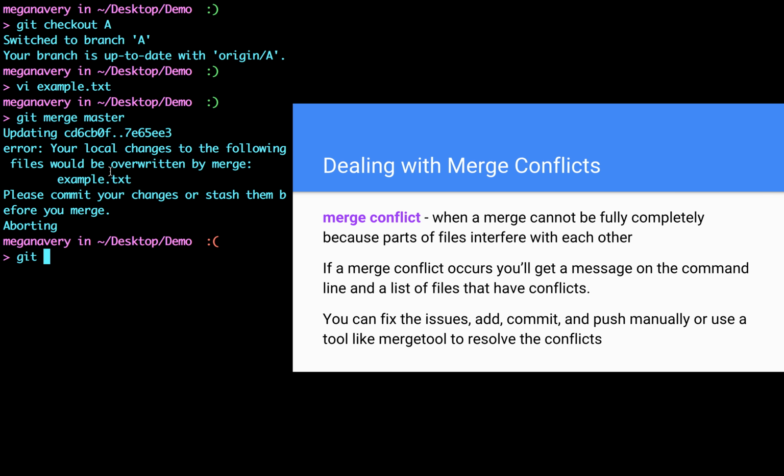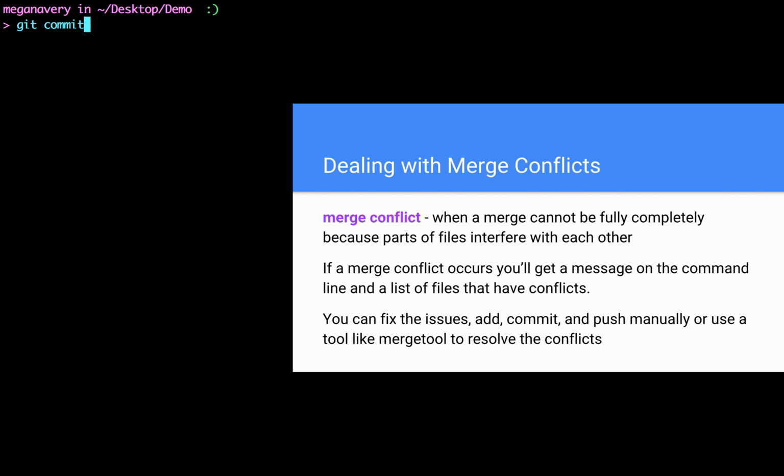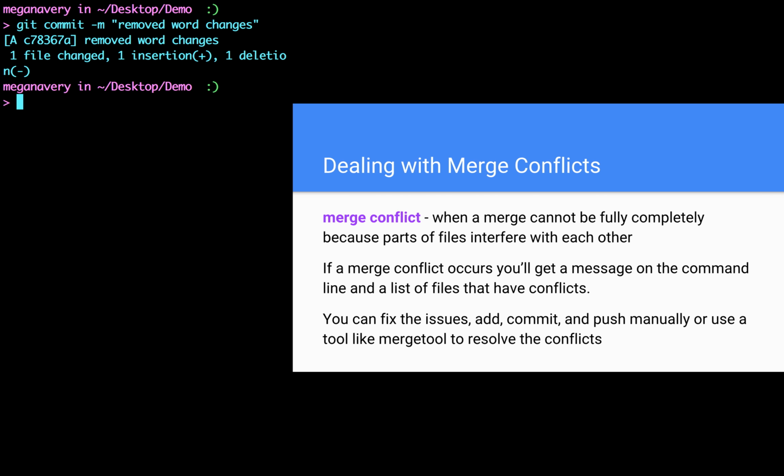So I'm going to do git add star, and what it does is it adds any changes you've made to all of the files at once. So if I had changed 5 files, it would add all 5 files to stage. And then I'm going to git commit, remove word changes.